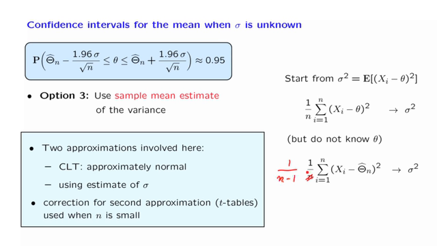With this alternative form, it turns out that this is an unbiased estimator of the variance, and that could be a reason for preferring to use this alternative form. On the other hand, when n is large, whether we use n or n minus 1 makes very little difference. And this concludes our discussion of confidence intervals.